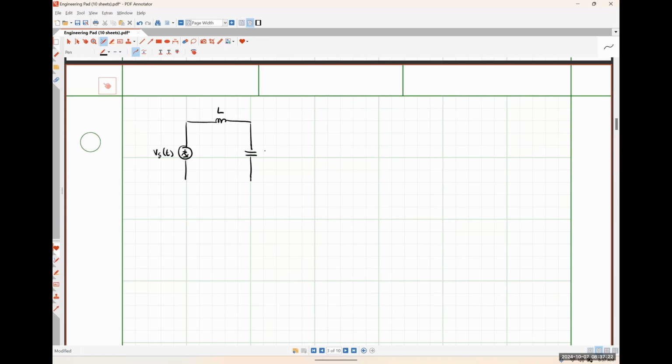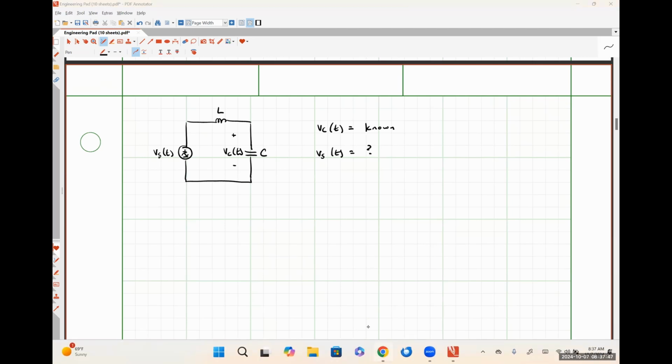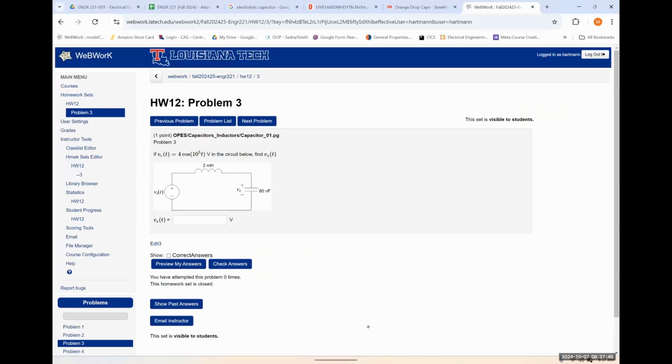Here's some capacitance C. And we are told what VC as a function of time is. So let me just write VC of t is a known quantity, and Vs of t is what we're looking for. Let me see if there's any other information on here that we need or that we're given. Doesn't look like it, but that's okay.